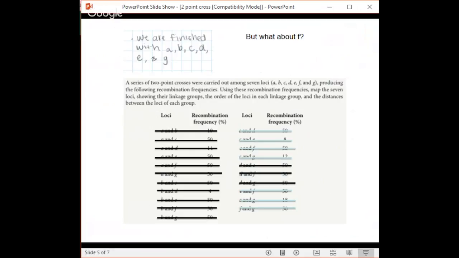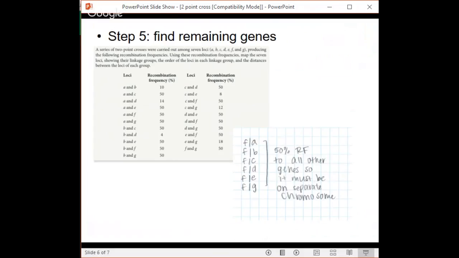So let's just go back to a blank data table and find the remaining genes that we have left over. And we see that F has a 50% recombination frequency with A, B, C, D, E, and G. So the only logical conclusion is that F is sorting independently of every other gene.